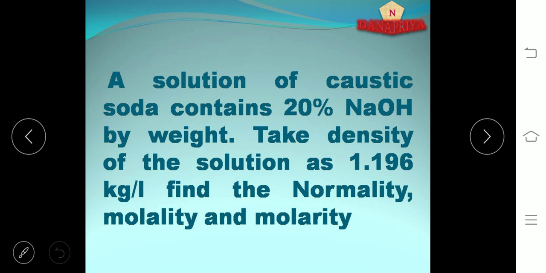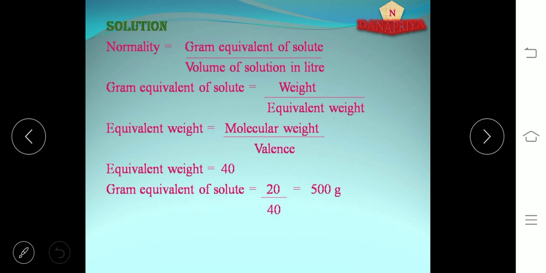The formula used for normality: gram equivalent of solute divided by volume of solution in liter. In the given data, the solute is NaOH, because when solute combined with solvent, we get solution.